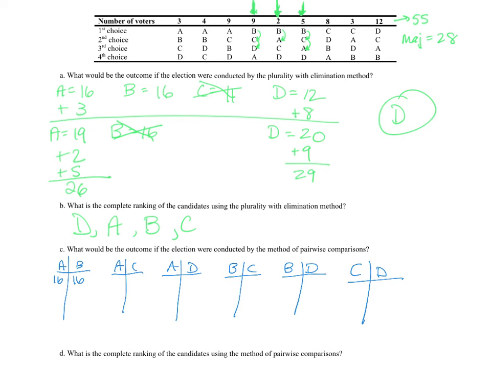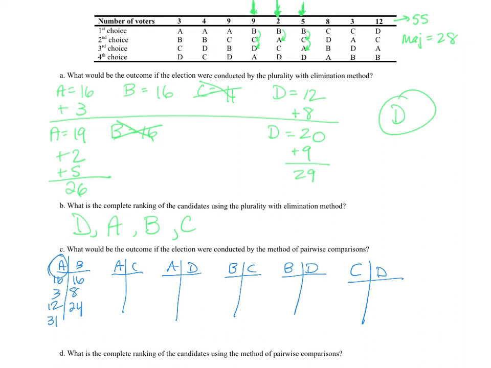Okay, and then looking at the column that has an 8 at the top, B is ranked above A. So the 8 votes go to B. Then the 3 column, A is ranked higher, so 3 votes go to A. And in the 12 column, A is ranked higher. So 16 and 12 is 28 plus 3 is 31 to 24. A wins that one.